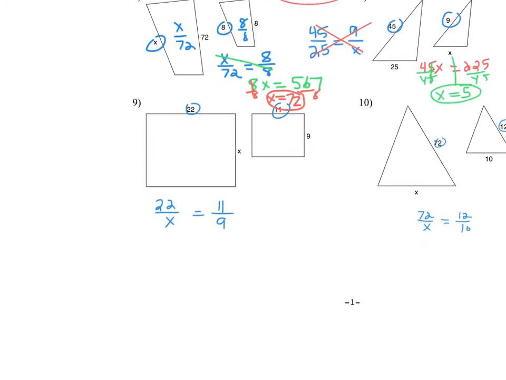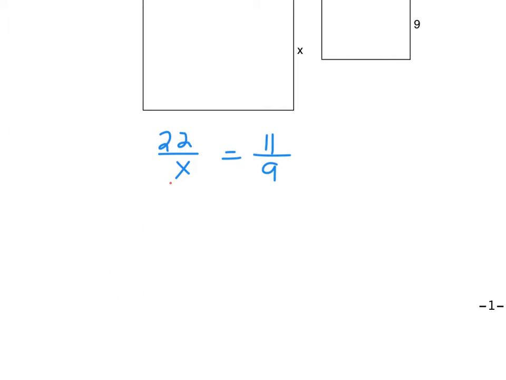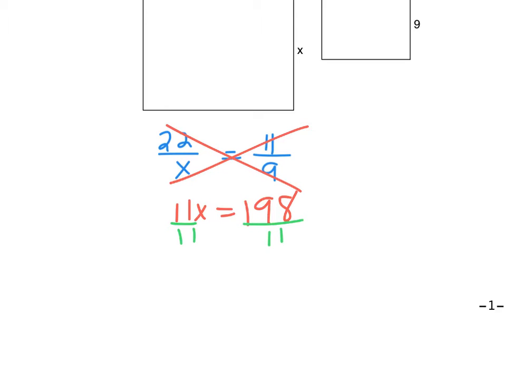Okay, here we go. 11x equals 22 times 9, 198. Divide by 11, divide by 11, 1x equals 18.